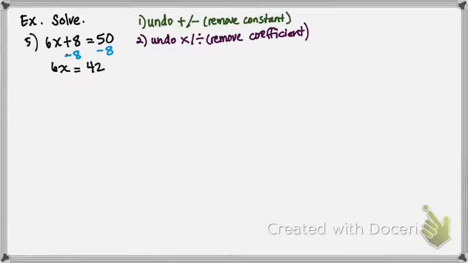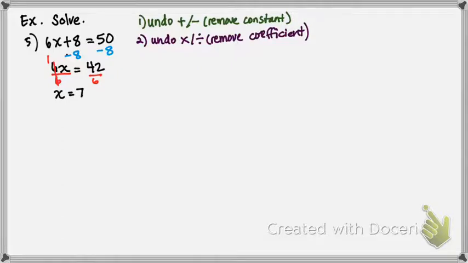And then the inverse operation to multiplication would be division. So we would divide, again, whatever is on the same side as the variable. That's what's going to dictate the math. So we have 6 divided by 6 is 1. 1 times x is x. And then 42 divided by 6 is 7.